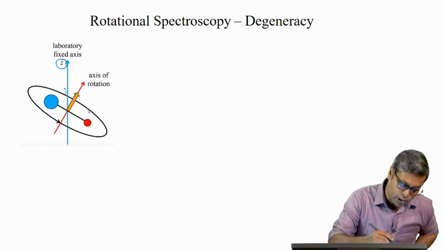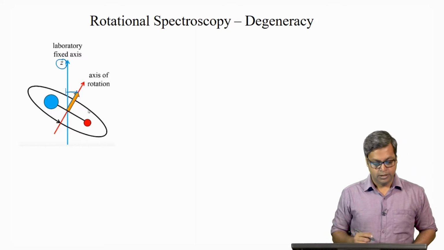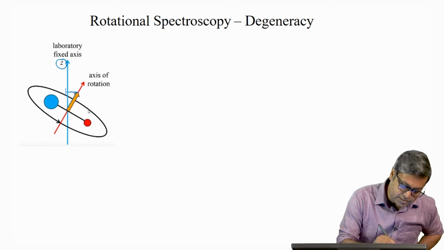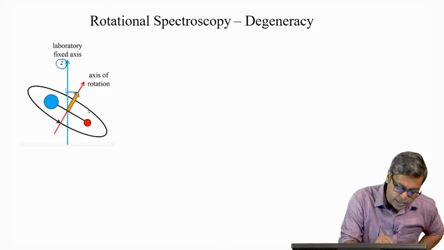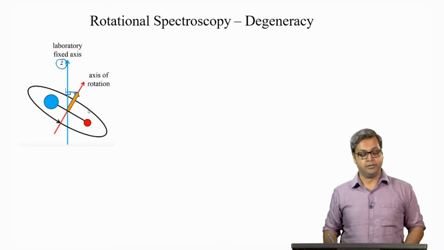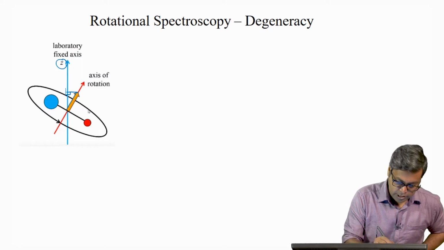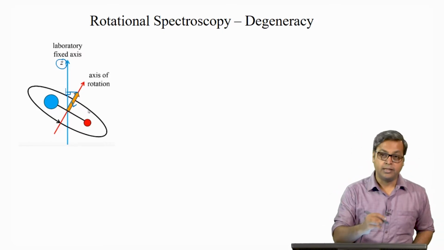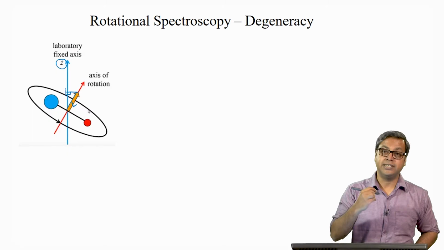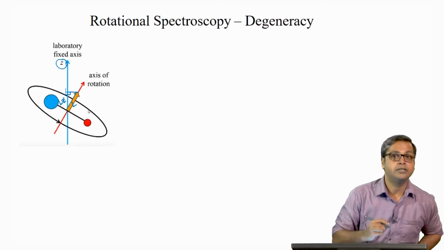We take this end of the angular momentum vector and draw a straight line, such that this line and the z axis make an angle of 90 degrees. So, this yellow arrow is our angular momentum vector L, and the projection along the z axis is given by L z.